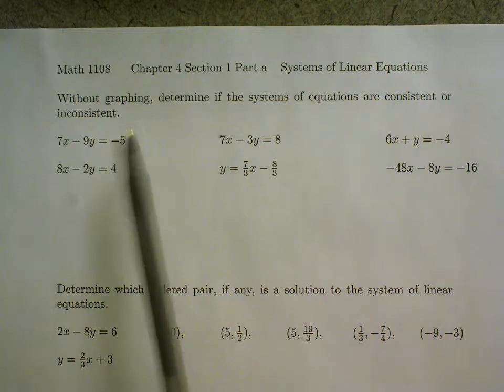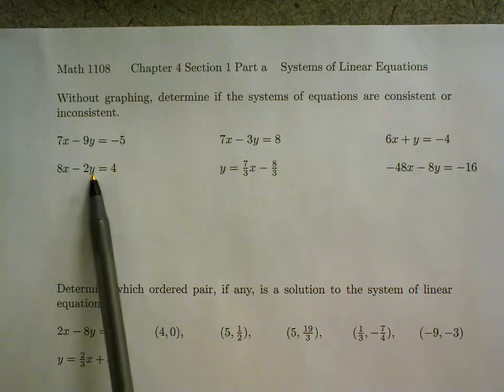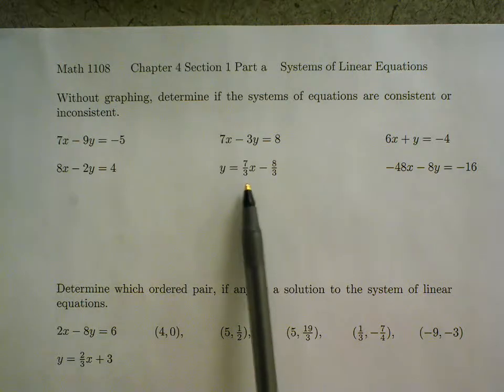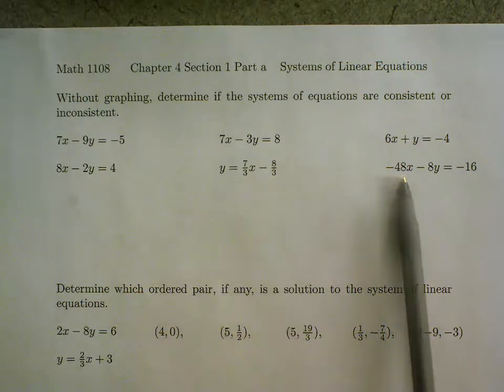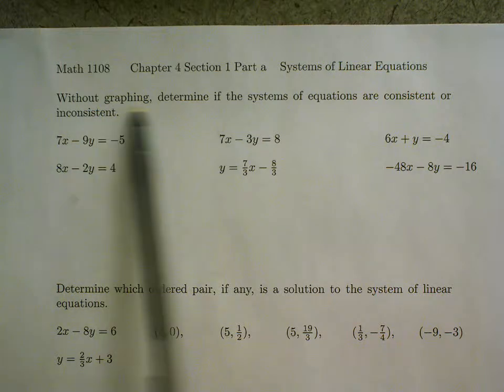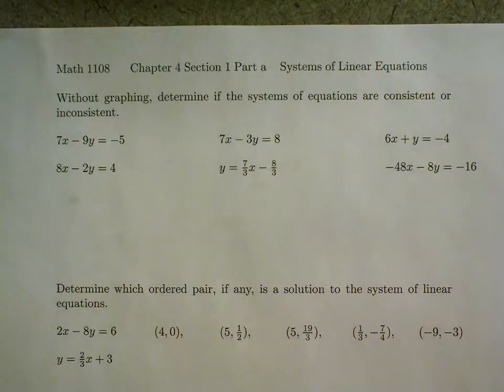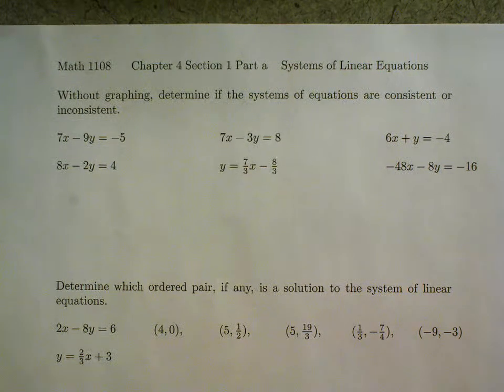Okay, first of all, in these 3 examples of systems of 2 linear equations in the variables x and y, without graphing, determine if the systems of equations are consistent or inconsistent. A system of two linear equations is consistent if it has at least one solution.